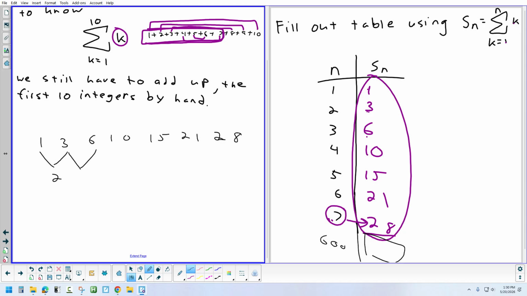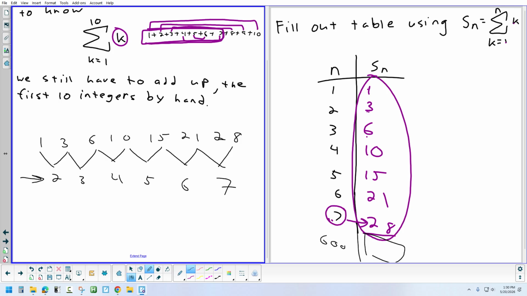How about 6 minus 3? Yeah, 3. And 10 minus 6 gives me 4. So what we're doing here is finding what are called the first differences. These are the first differences of my original sequence.